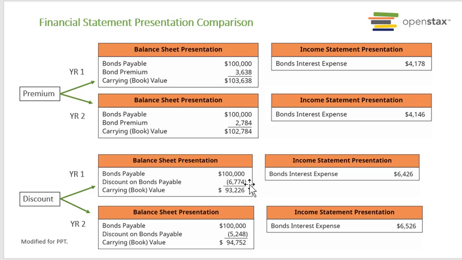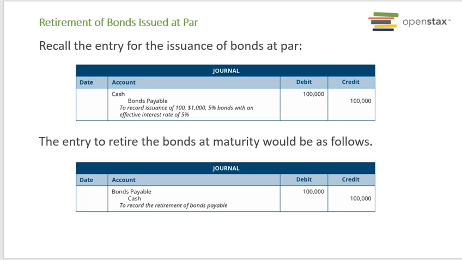And then on the discount, you see the discount working to get the carrying book value to the bonds payable of 100,000. So you're both working to get to 100,000, either bringing it down or bringing it up. Not going to do the sample problem as we do the homework.